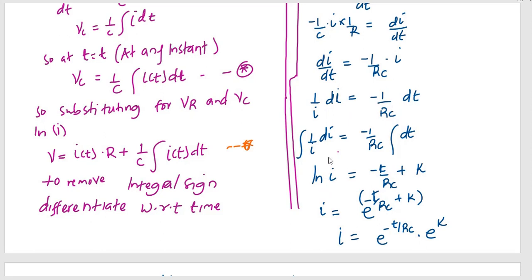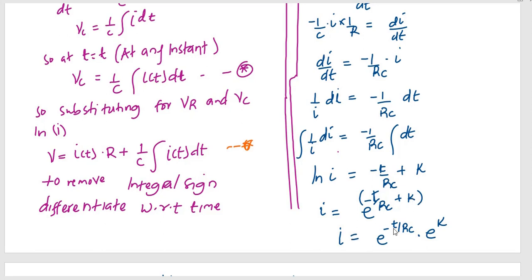So integrating 1/I with respect to I gives us the natural logarithm of I. It will therefore equal negative t divided by RC plus the constant of integration. So if we ignore this natural logarithm, I will equal the exponential of negative t divided by RC plus k.